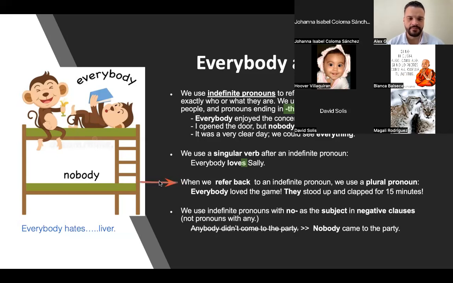When we refer back to indefinite pronouns, we use plural pronouns. Everybody loved the game. They stood up and clapped for 60 minutes. Absolutely. Very good.